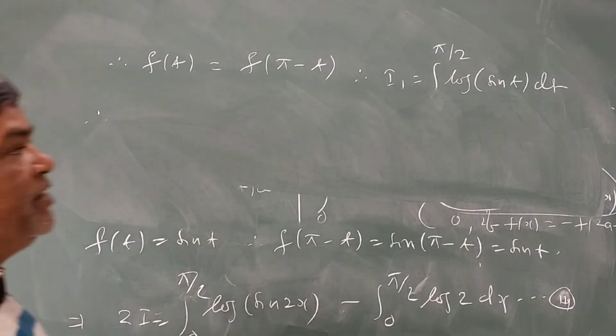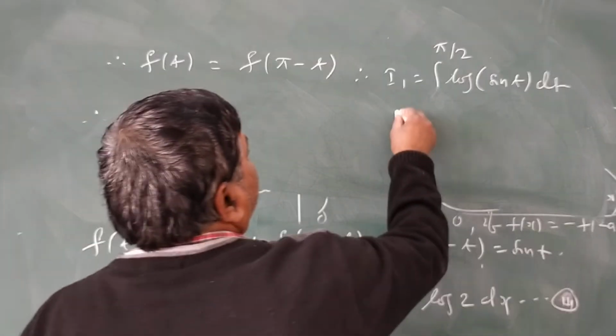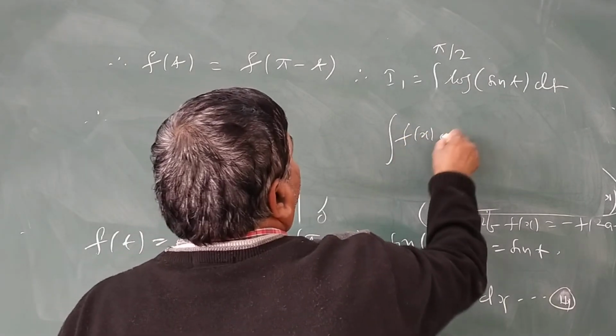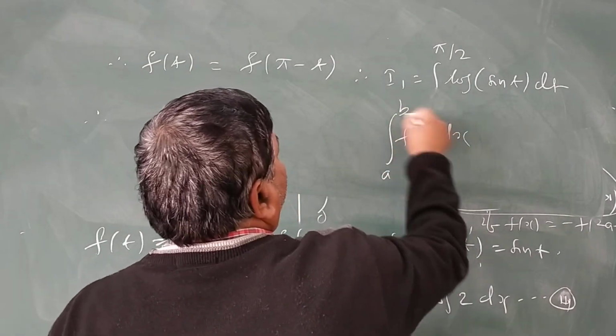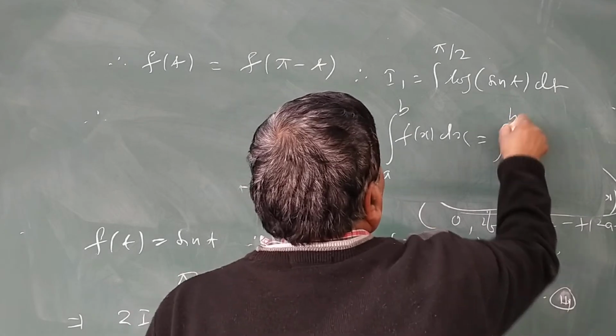Now again, by using property number 4, the integral of f(x) dx from a to b is equal to the integral of f(t) dt from a to b.